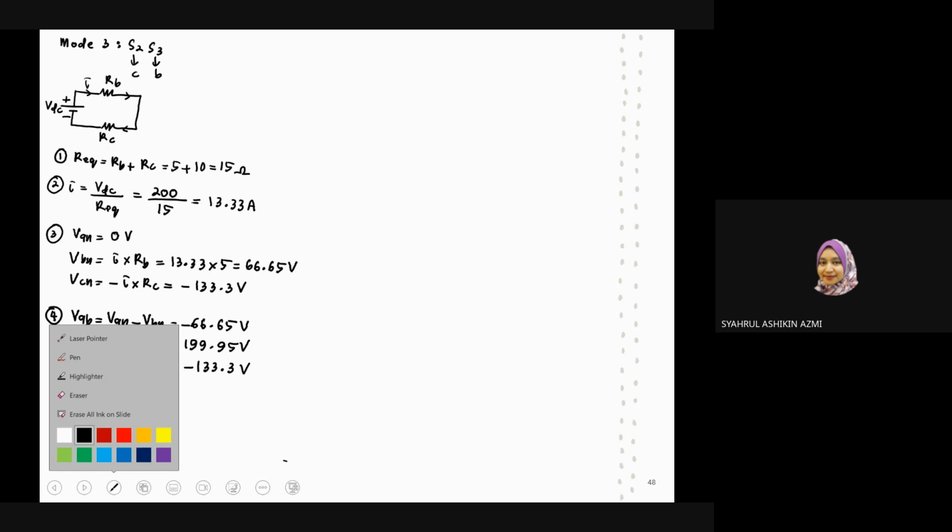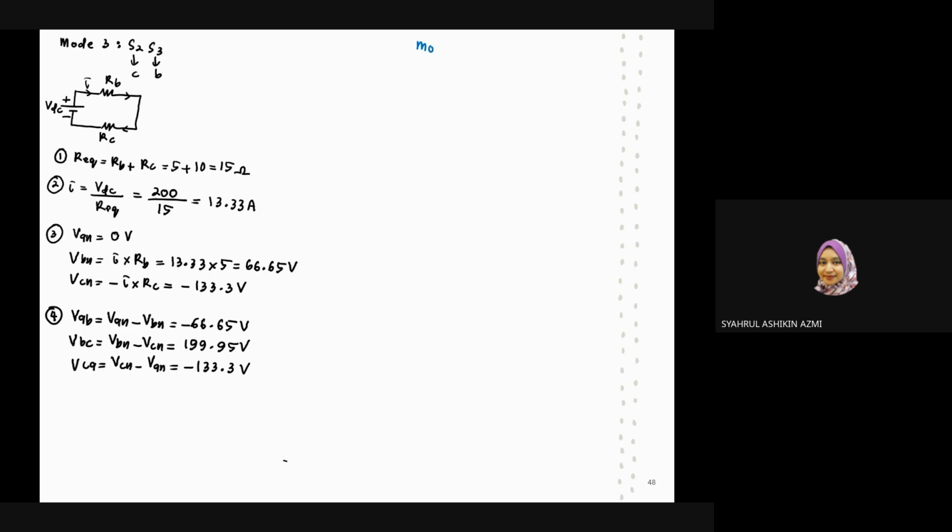Okay, now we do mode number 4. For mode number 4, we have S3 and S4. S3 is the upper switch for phase B. S4 is the bottom switch for phase A. Step number 1, you need to find the equivalent resistor.